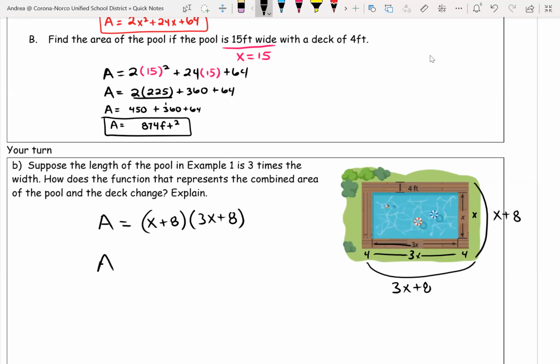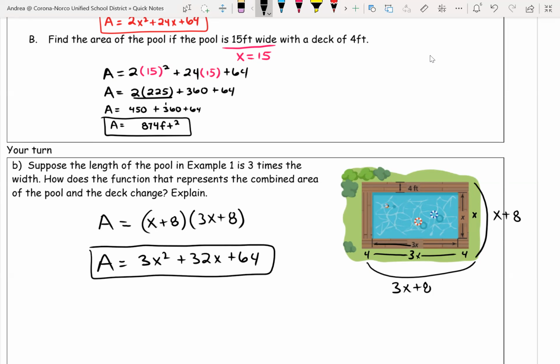When we multiply that out, we should get 3x squared plus 32x plus 64. Any questions over that? We're good?